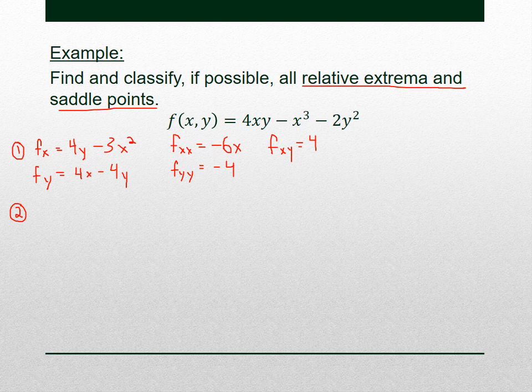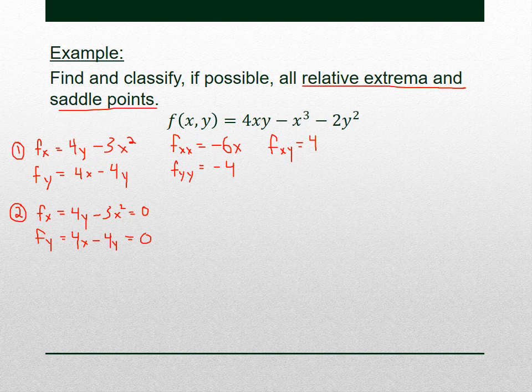Okay, step 2 of the D-test says set fx equal to 0 and fy equal to 0. So that's 4y minus 3x squared equals 0, and fy, which is 4x minus 4y equals 0.